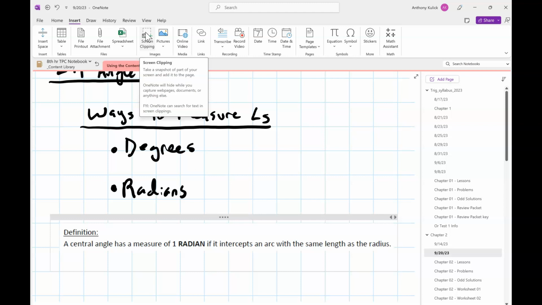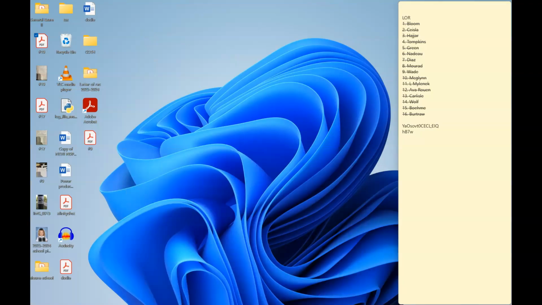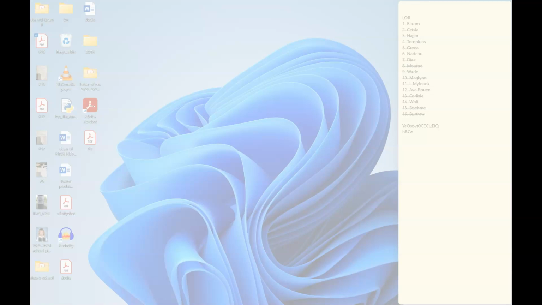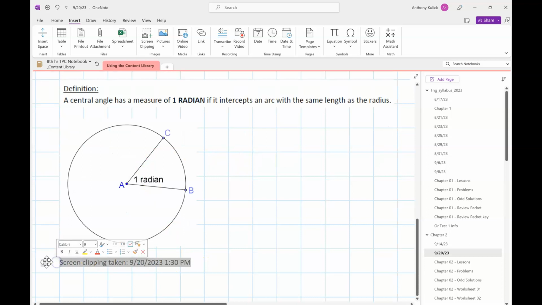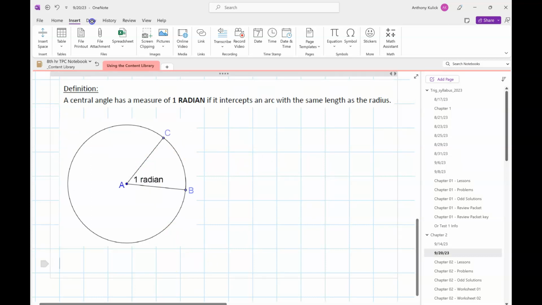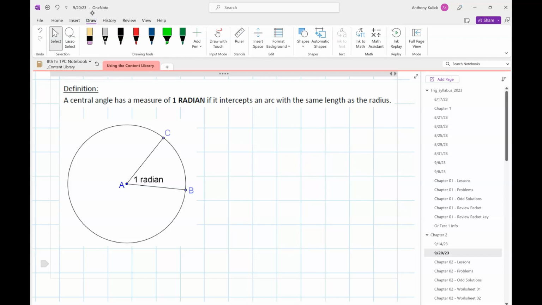So let's unpack this definition a little bit to give you an idea of conceptually what we're talking about. I'm going to do that mostly with a picture and rehash some of this geometry vocab. Let's say we have some circle. This circle is centered at the point A. When we talk about a central angle, let's use a color. A central angle is an angle whose vertex is the center of a circle.